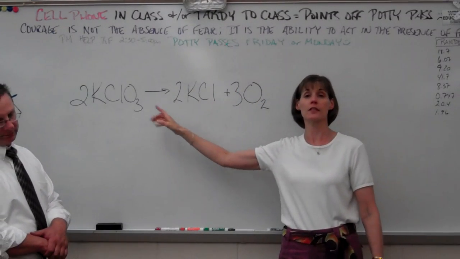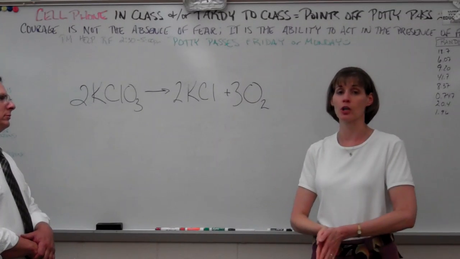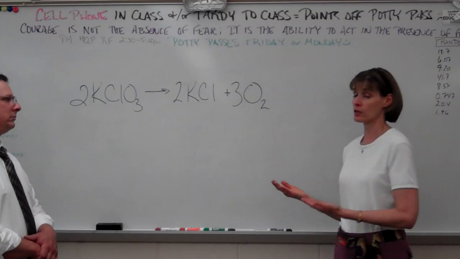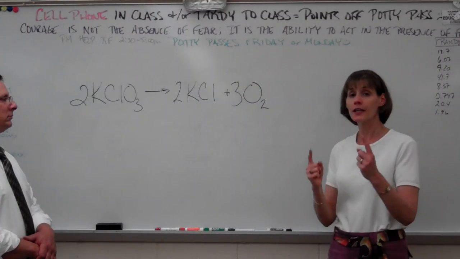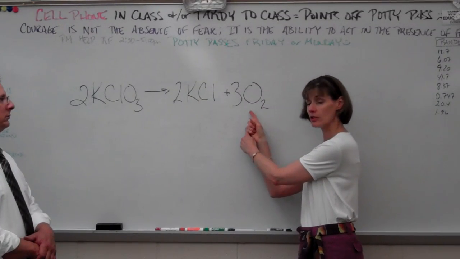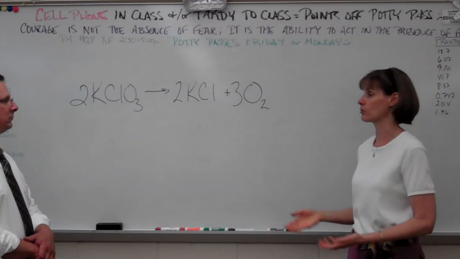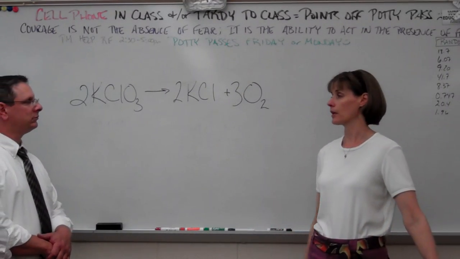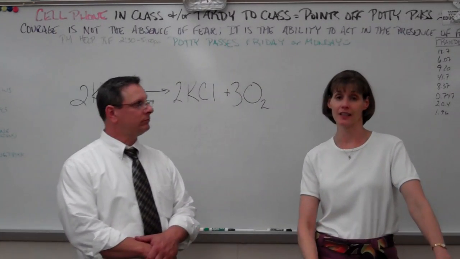Those coefficients tell you the mole ratio. So if we say, what is the ratio of oxygen to potassium chlorate? All you have to do is look at the coefficient in front of oxygen and the coefficient in front of potassium chlorate, and that's simply a 3:2 ratio. Just a basic comparison. Don't try to make that kind of a problem harder than it is.